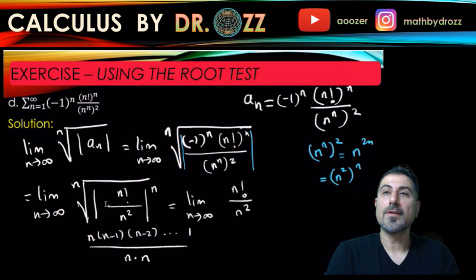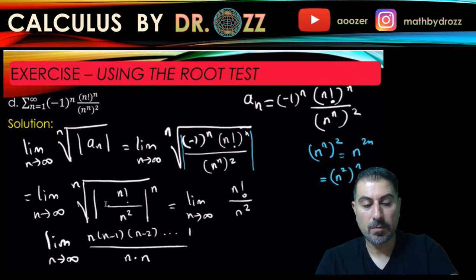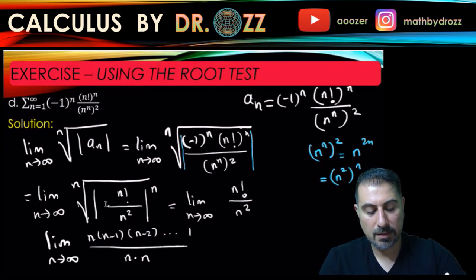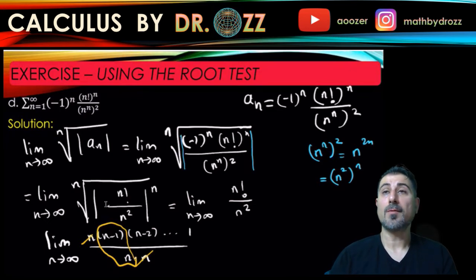Which essentially means that this n cancels this n, and then you still have a lot of n-related terms at the top. Even if you take care of n minus 1 and n, the rest would take this whole expression to infinity.